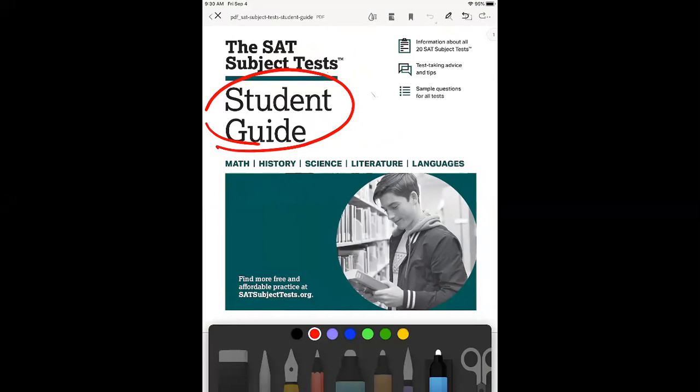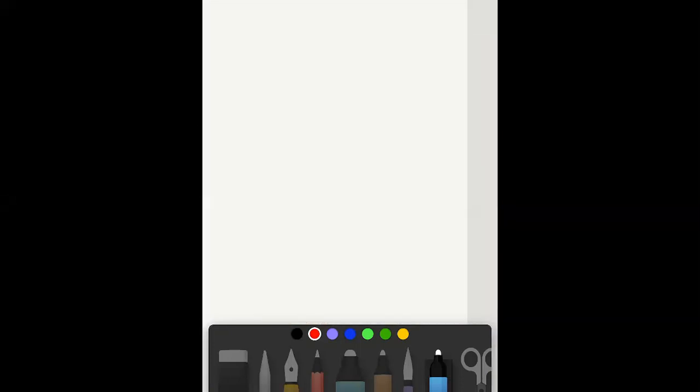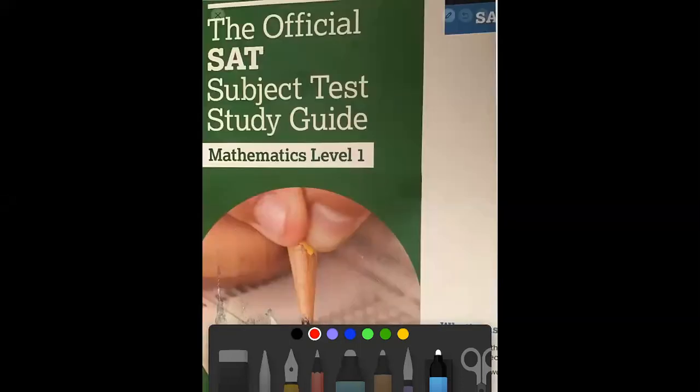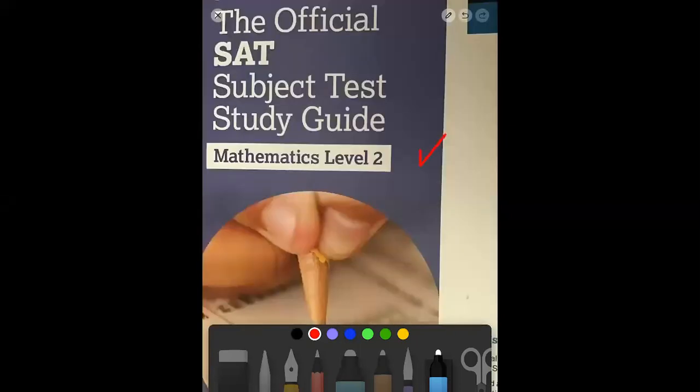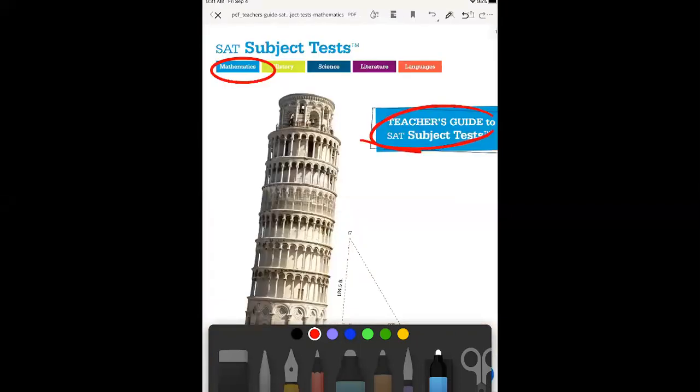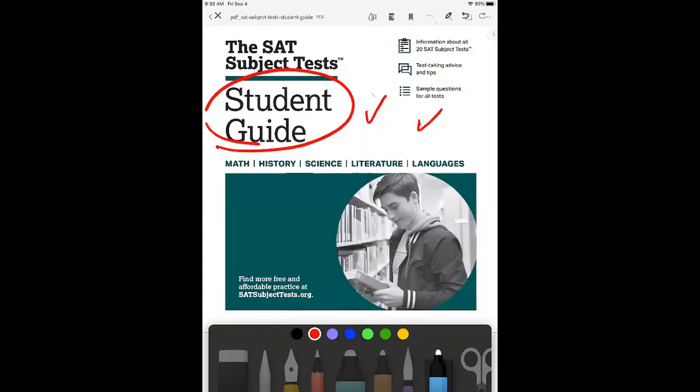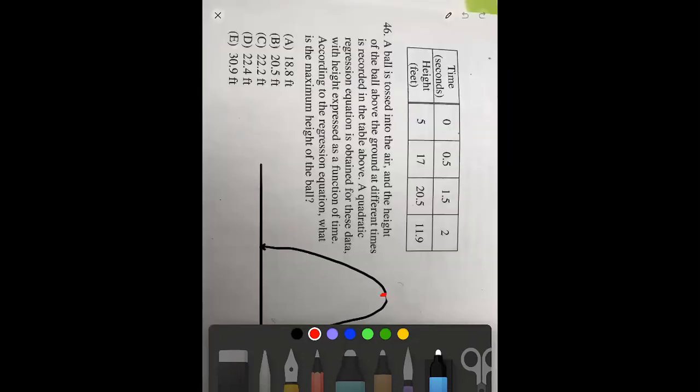Now, the subject student guide is a good resource if you don't have the other study guides already, but I would definitely recommend, if you're preparing for the SAT Math Level 1 or Math Level 2, that you pick these books up because they have 4 practice exams in them, okay? You could also find this on the internet. I'll put a link in the description on where you can find this.